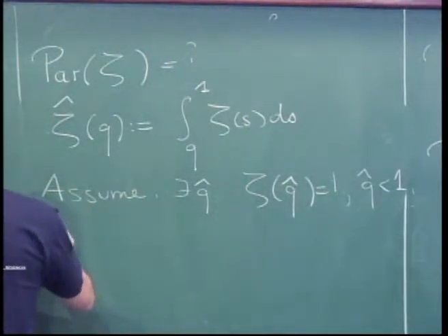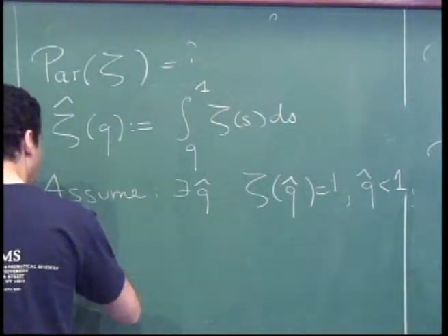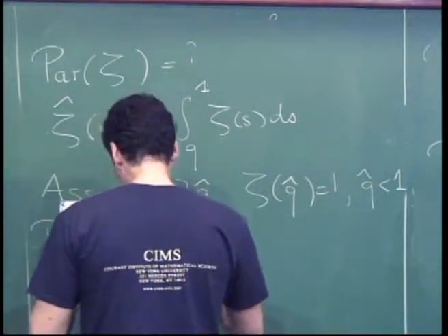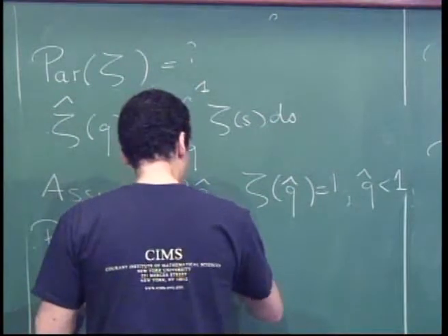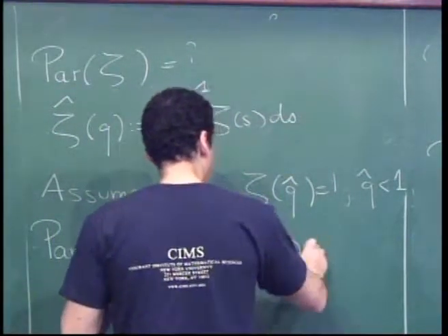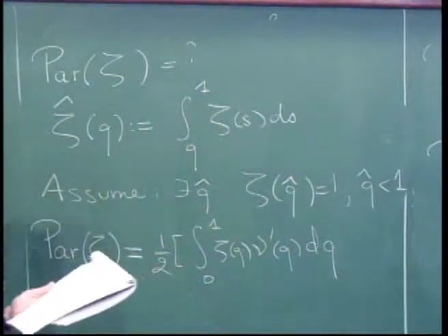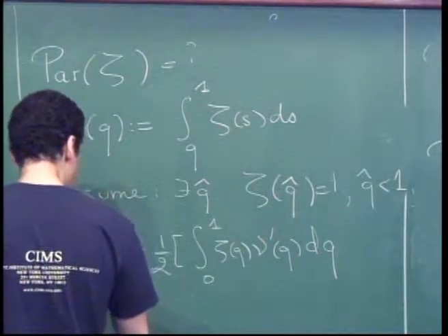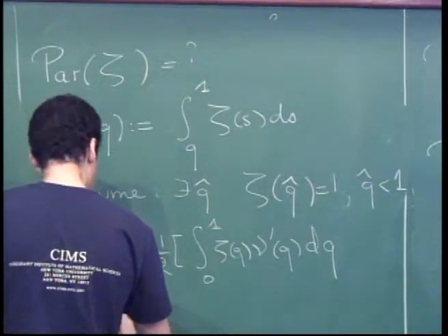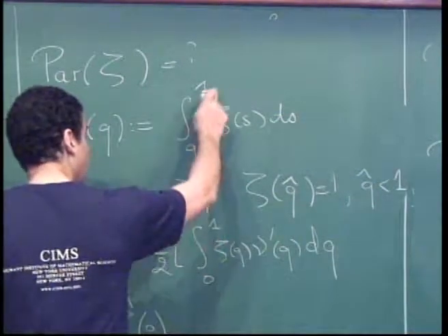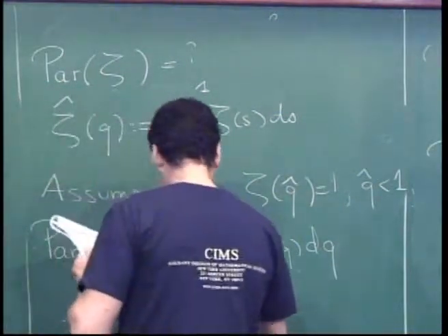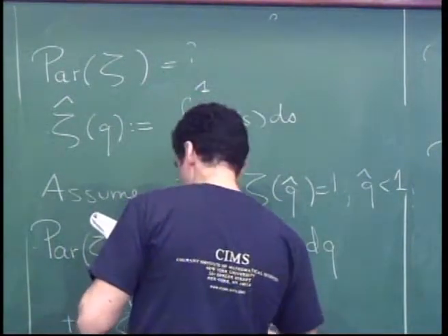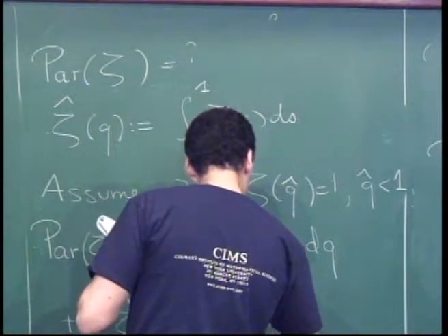Now, in this case, the Parisi functional of zeta is 1/2 of the integral from 0 to 1 of zeta of q, nu prime of q dq, where nu is our usual function, which defines the model, plus h square, if there is a magnetic field, zeta hat of 0, the integral from 0 to 1 of zeta, plus the integral from 0 to q hat of dq over zeta hat of q.